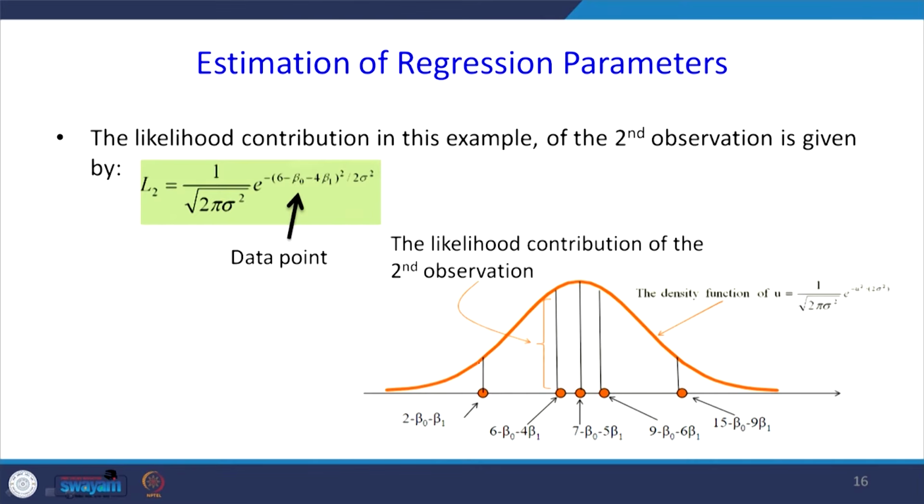This height is the contribution of each observation to the likelihood function. So, the likelihood contribution of the second observation, where y is 6 and x is 4, is 1 divided by root of 2 pi sigma square, e to the power minus (6 minus beta 0 minus 4 beta 1) whole square divided by 2 sigma square. That is the density function, and we can simplify it this way.